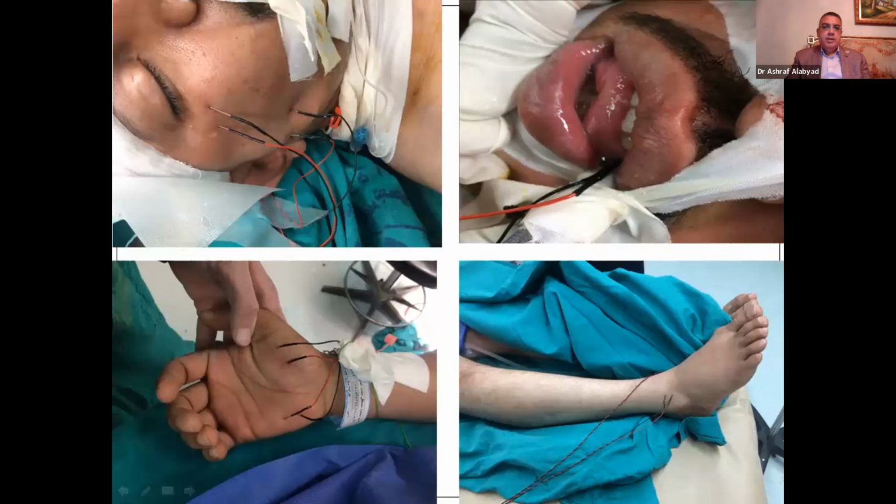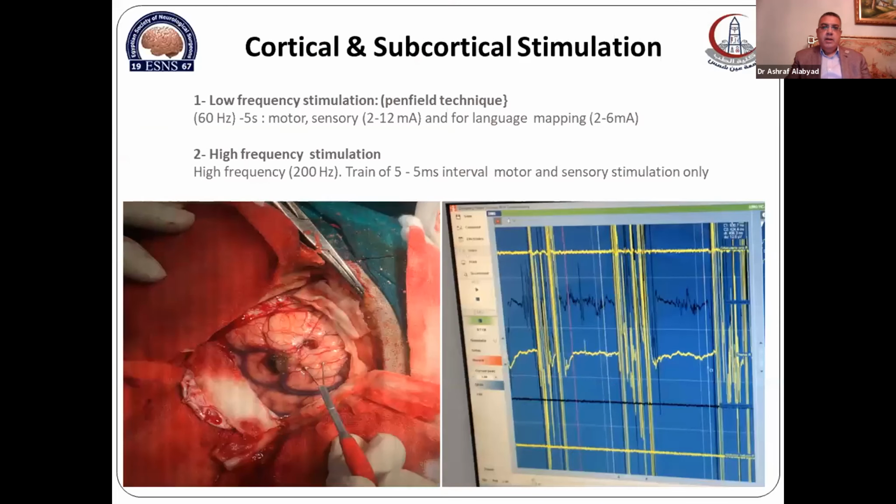These are the subdermal needle electrodes inserted in the muscles of interest. And we use the Ojemann bipolar probe for cortical and subcortical stimulation. I will not go through the details, as I understand that Professor Wu will kindly give us a full lecture about motor mapping soon.